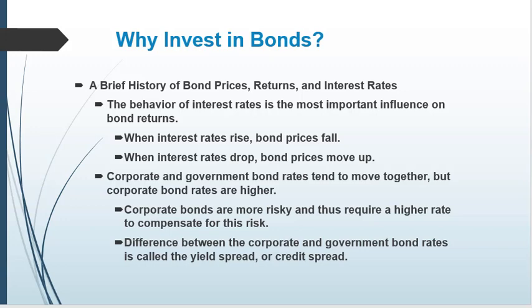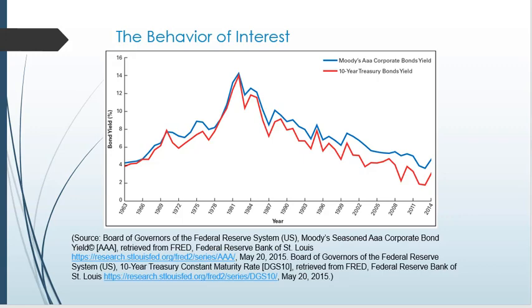Corporate and government bond rates tend to move together. However, because of the differences in risk, corporate bonds will have a higher rate than government bonds. And the difference between them is actually something referred to as the yield spread or the credit spread. So if we look here, we have the Moody's AAA rated corporate bond yields in blue, and in red is the 10-year Treasury bond.